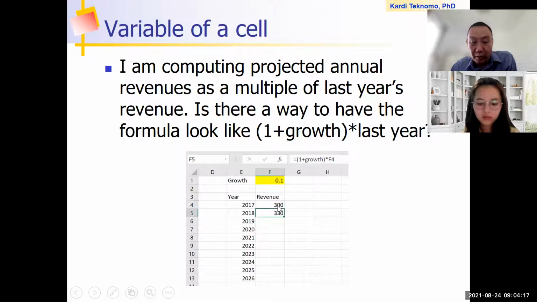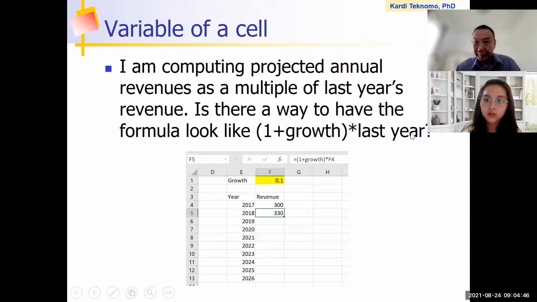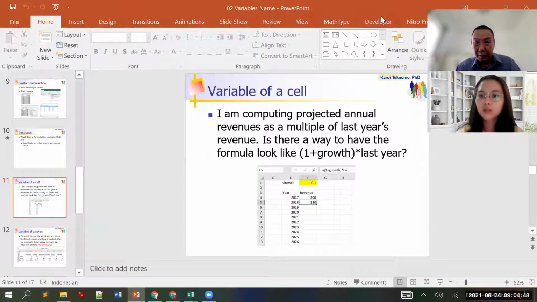The first revenue in 2017 is 300. Can you project for the whole years that you have? Okay, sir. Let's do that. You name the growth. And when you finish, you share your screen.